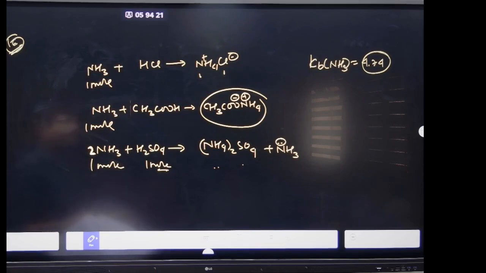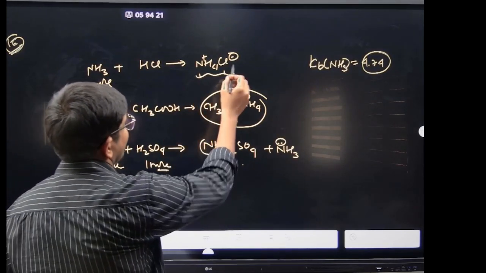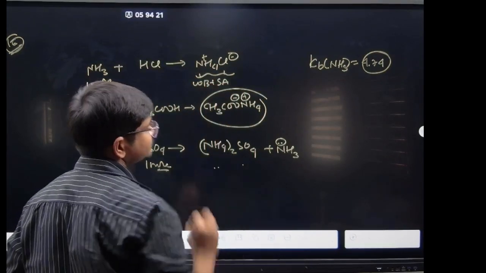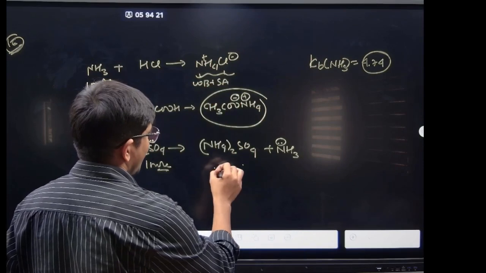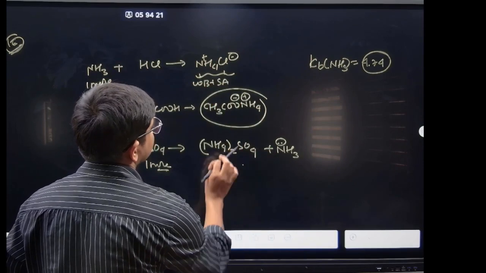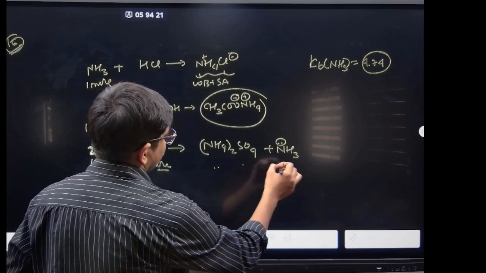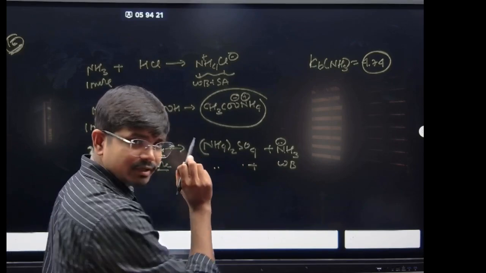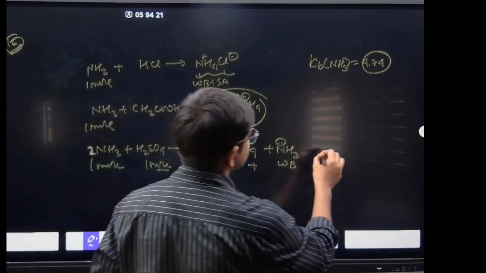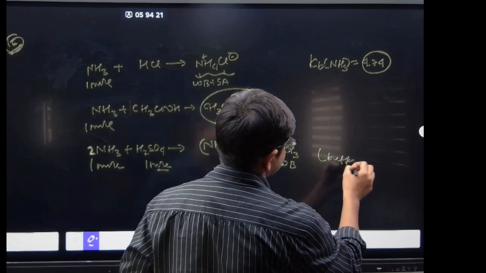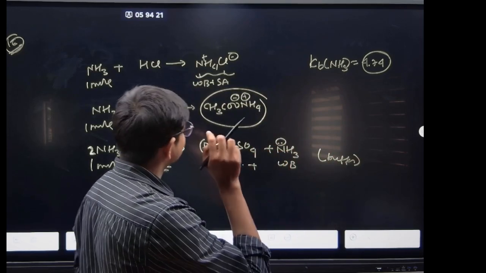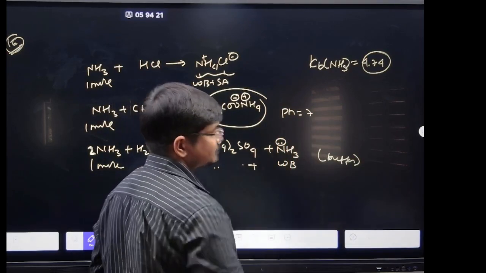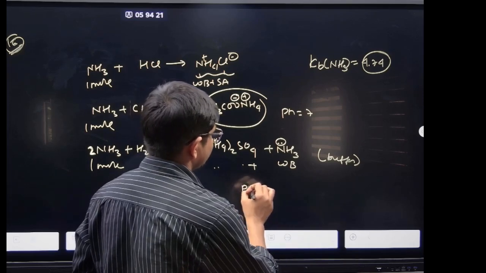So see here you have weak base plus strong acid, right? Here you have what? Weak base plus salt of that weak acid. This is a buffer one.